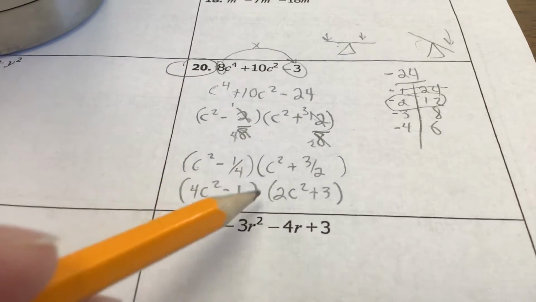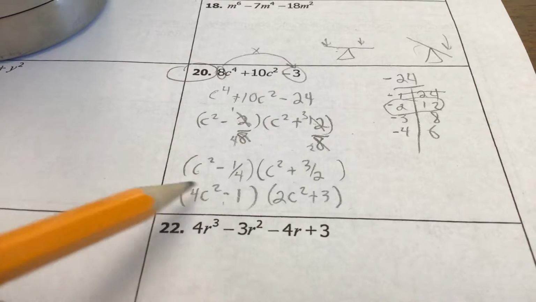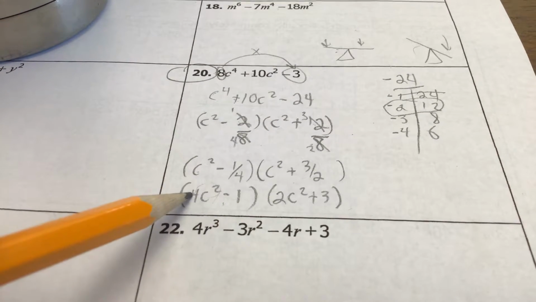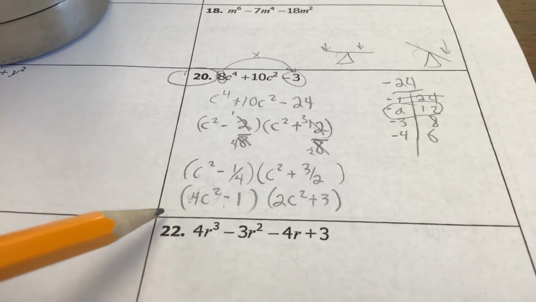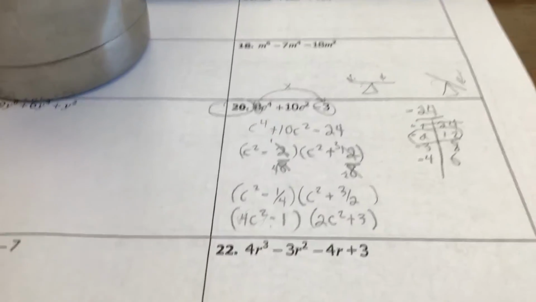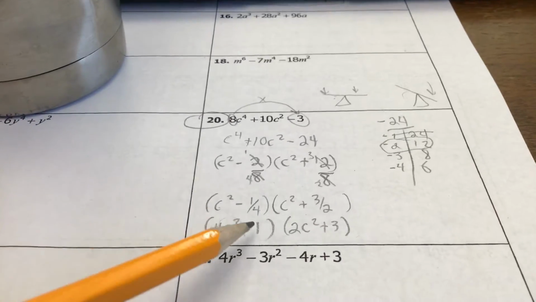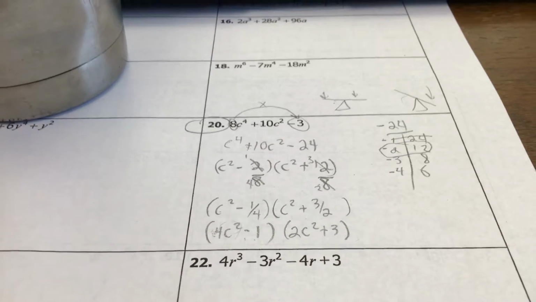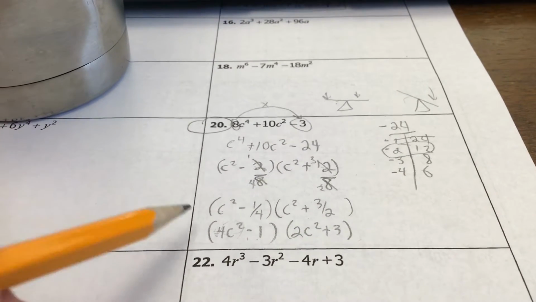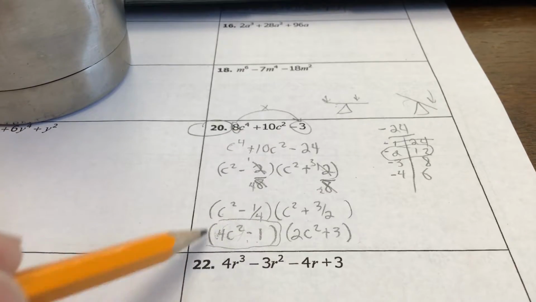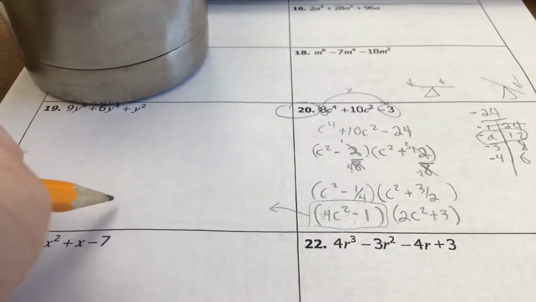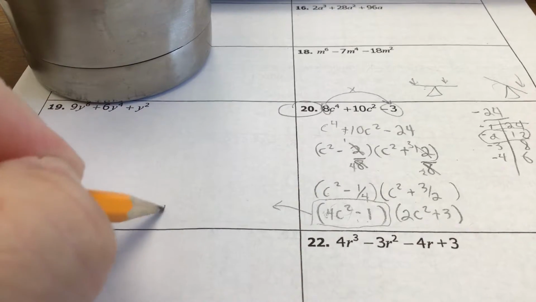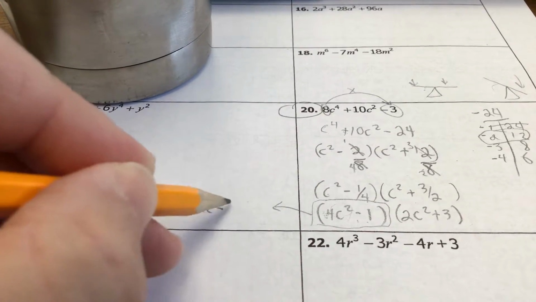Look at this one really close. Minus sign. Let's look at the first term here. Can I take the square root of 4c squared? Sure can. Can I take the square root of 1? Sure can. So this one, I can actually break down a little further. It can look like this right here. 2c plus 1, 2c minus 1.